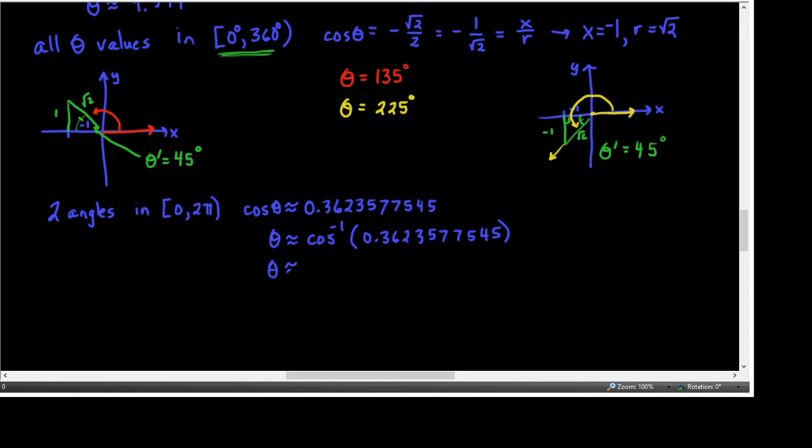Okay? And when you type that in your calculator, you'll get, oh, I didn't record enough decimal places. So let me do this. Make sure I'm in radian mode. Check. Cosine inverse of 0.3623577545.